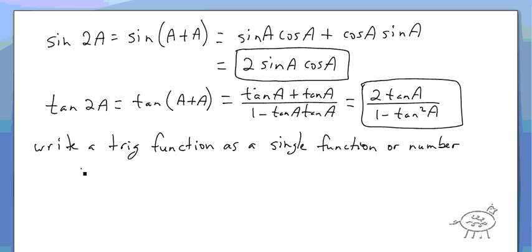So for example, 1 minus 2 sine squared of 30 degrees.